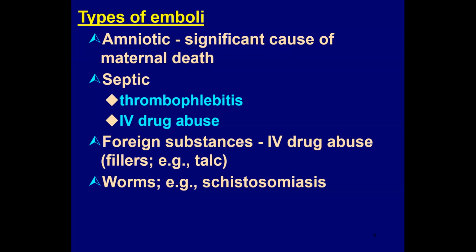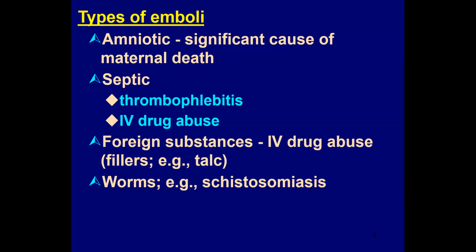Another source of embolism, foreign substances. This is primarily associated with intravenous drug abuse because the drugs do have fillers. They're not pure, and some of the fillers are very likely to cause emboli, and this includes talc or talcum powder.